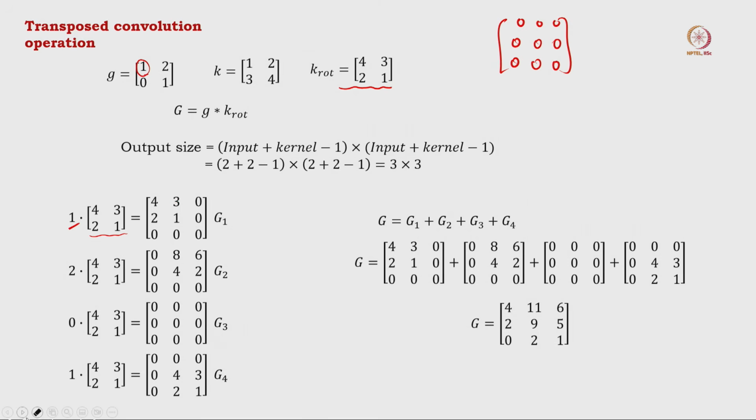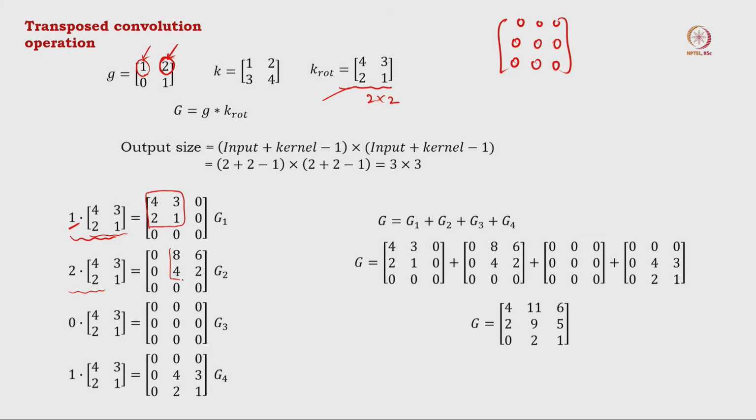Wherever the input position is, here we are considering the first input, and the size is 2 cross 2. Therefore, in this place you are going to put the result of this calculation. Now, which position are we considering? Second is this, we are now considering this 2. 2 multiplied with this kernel. And where is the position? The position is right top.